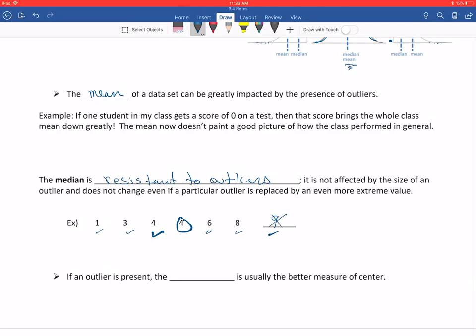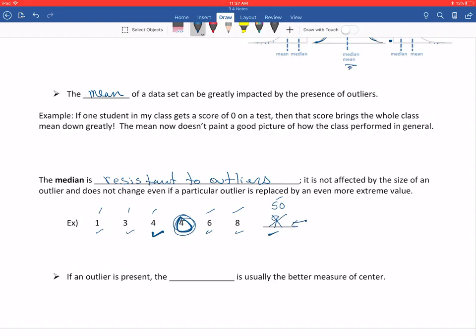Now, let's say we replace that 9 with something that would be considered an outlier. Let's replace it with the number 50. Notice even though that's an outlier now, it doesn't change what the median is. We still would count from outside in, and we would still arrive at 4 being our median. So you can see how the median doesn't really get pulled back and forth by outliers.